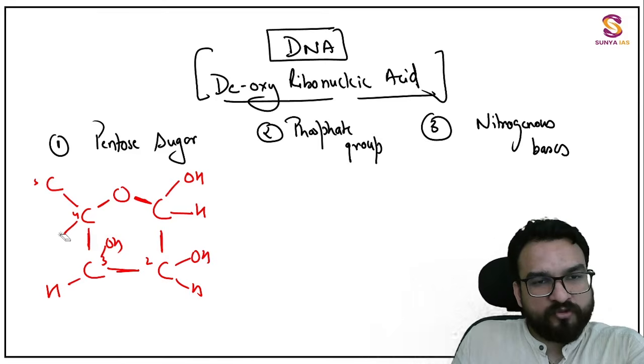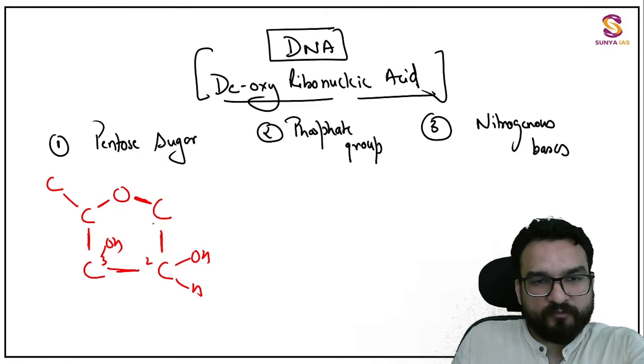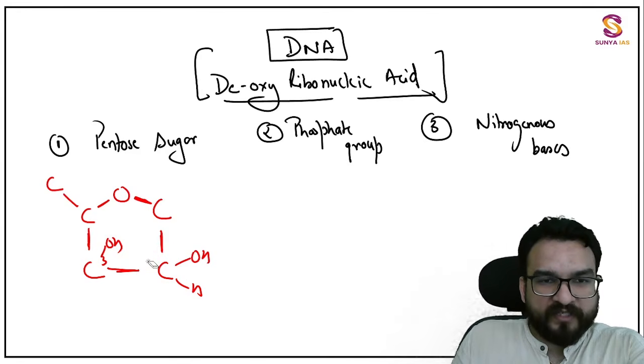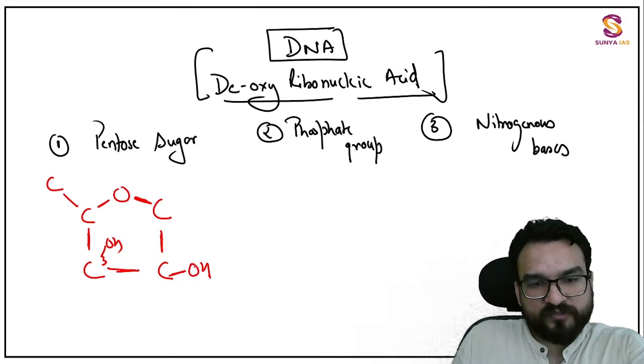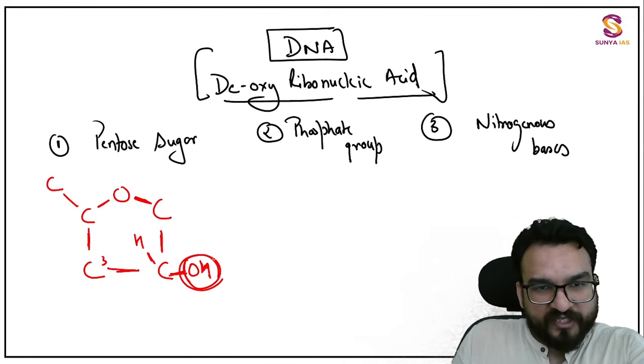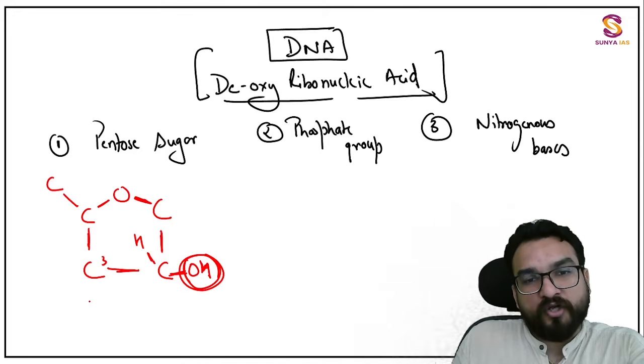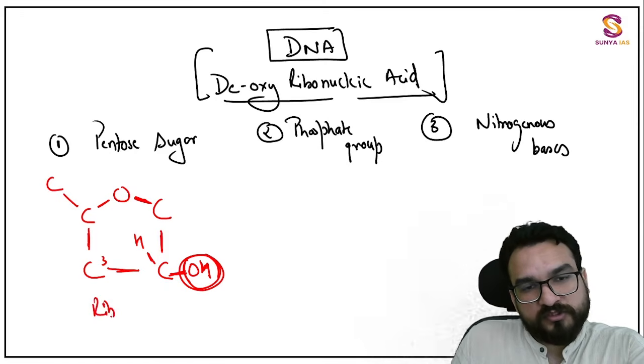So don't see all of it right now, just see this particular carbon molecule that is present at the 2nd number. Now what happens over here is that it is connected with the OH molecule, OH and one with H. Okay, you are seeing this. So when the second carbon is connected with the OH, oxygen, this hydroxyl group, that is known as your ribose.